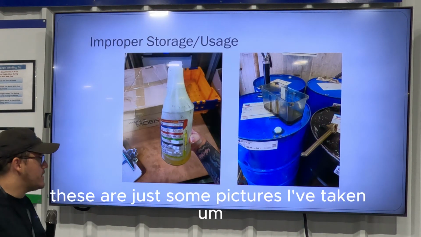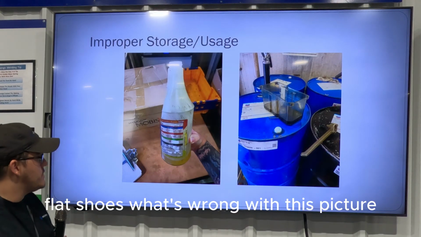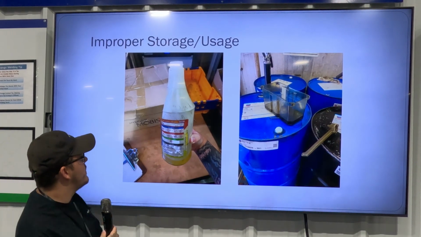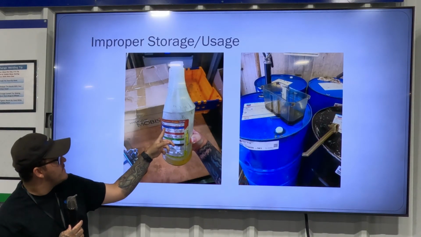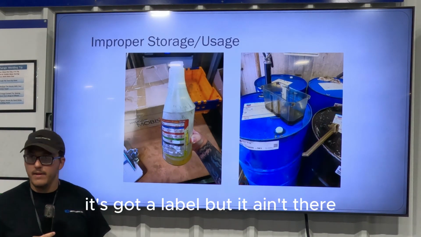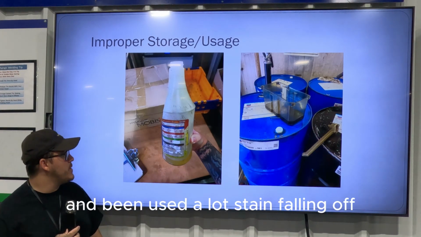These are just some pictures I've taken over the last couple months, years that I've been here. So, improper storage and usage. What's wrong with this picture? Missing the lid. It's got a label, but it ain't there. It may have been at one point, but it looks like this bottle's pretty old and been used a lot.